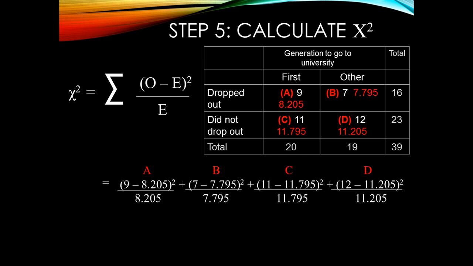So pause if you need to. Press your buttons, and what you should find as an answer is 0.077. I suggest you scribble that down somewhere and keep track of that number.